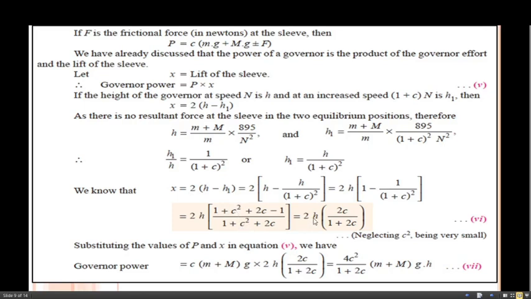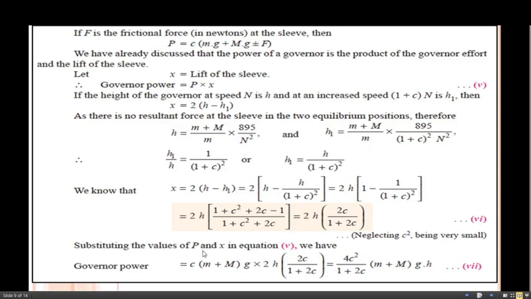The 1 and minus 1 get cancelled. So we have 1 plus 2c in the denominator, and in the numerator the 2c remains.